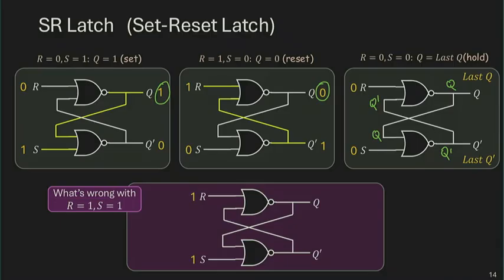The output becomes 0. Yeah, this is a 0. The bottom one is also a 0. Do you think that's invalid? Why is that? Yeah, these variables should be complement to each other.